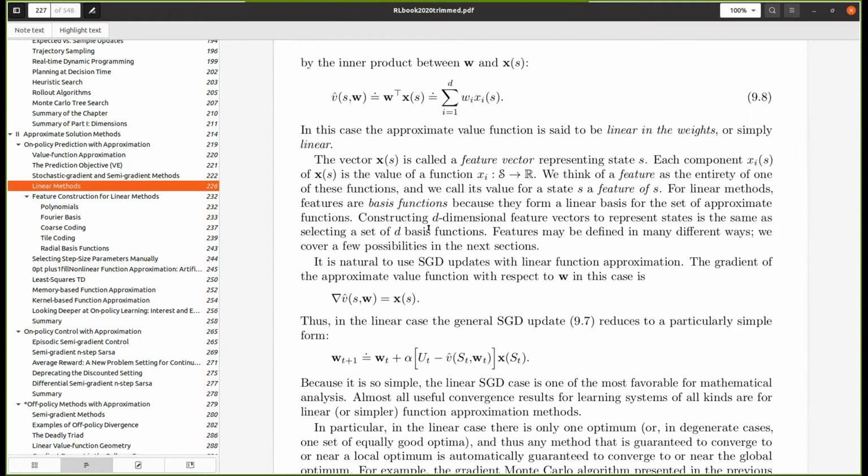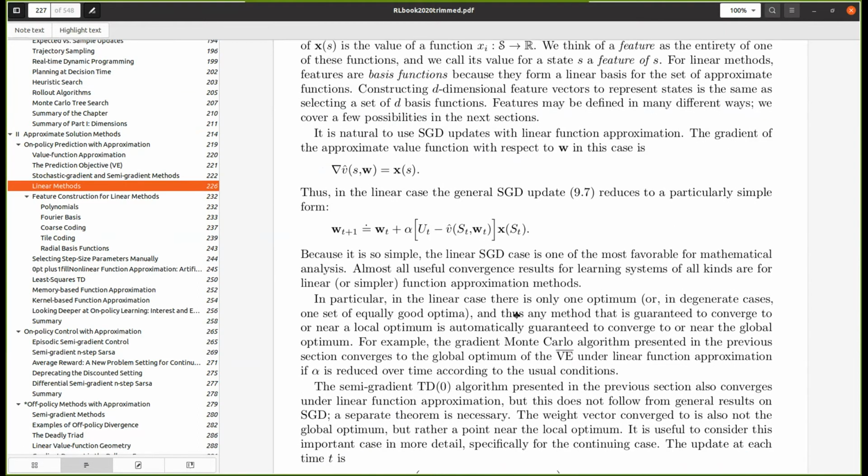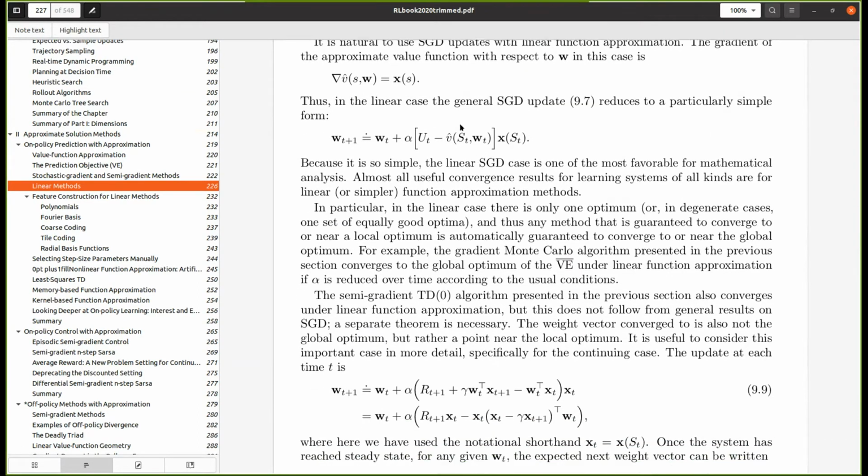We have a linear function, and the gradient of a linear function is just the coefficients. Here we compute the gradient with respect to w, so the coefficients are the x's, and that is our gradient, and our update becomes of this form.